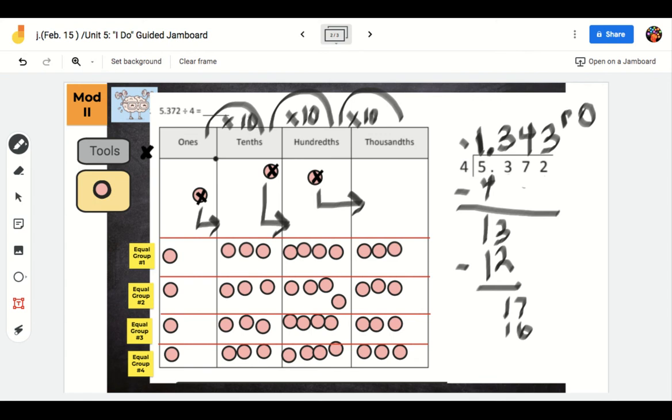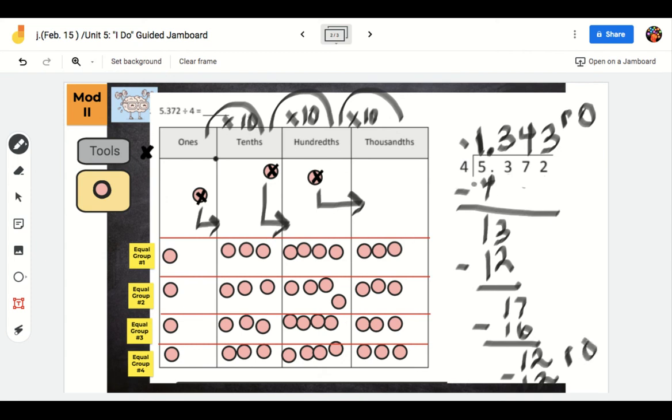How many did I have left over? I had 1. When I brought it over and decomposed, then I had 12. 3 times 4 is 12, because that's what I'm showing on my model. How many did I have left over from 12? 12 minus 12, I had a remainder of 0.